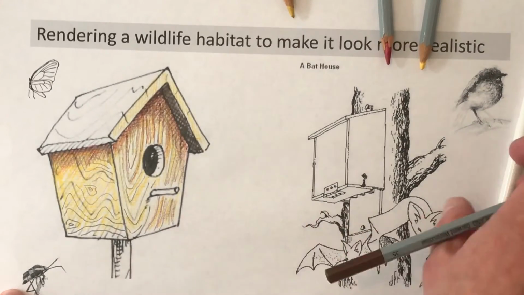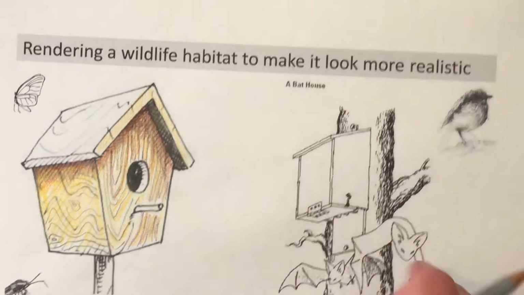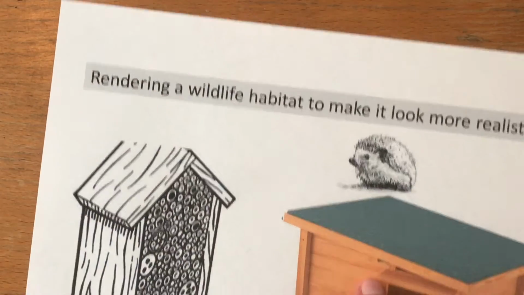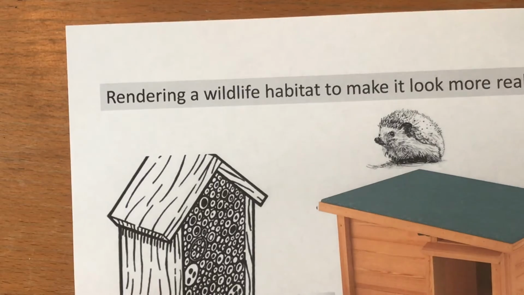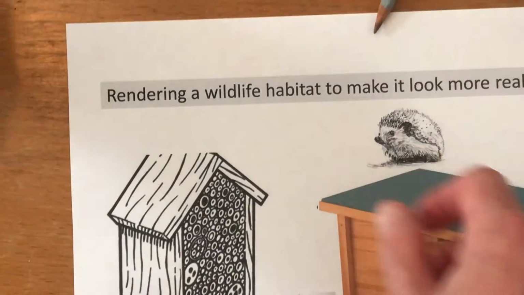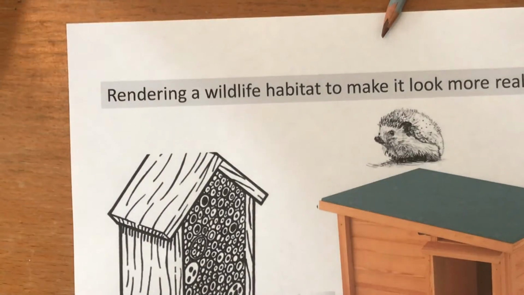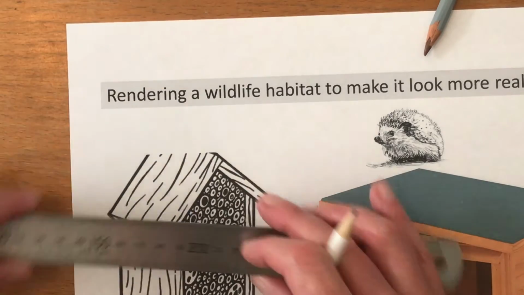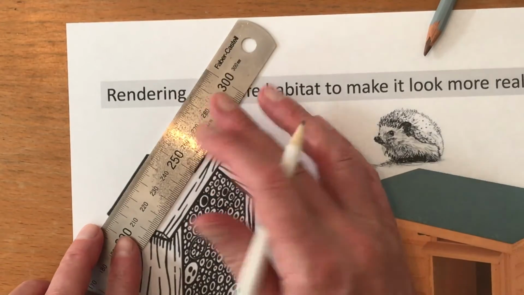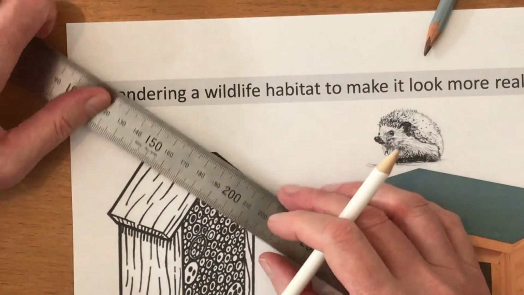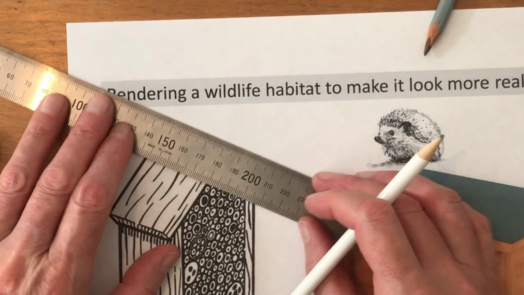Now that's a bird box, of course. We've also got a bat box here. We've got a bug hotel over here. This, by the way, hasn't got the top finished off, so if you are doing a bug hotel, it would be a good idea to get a ruler and just finish off the top of this bug hotel.